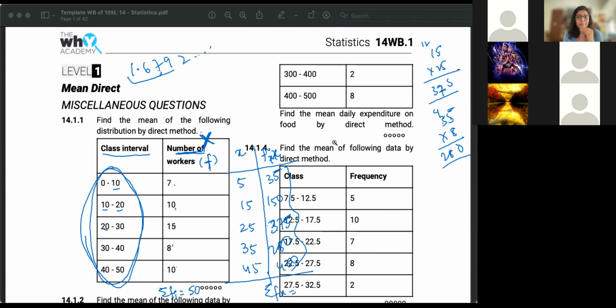Neki, what is the denominator in the formula? Summation of fi xi upon summation of fi. Fi is the denominator. Yeah, summation of fi, right? What did you actually find the sum of? Check. Oh no, I got summation of xi.